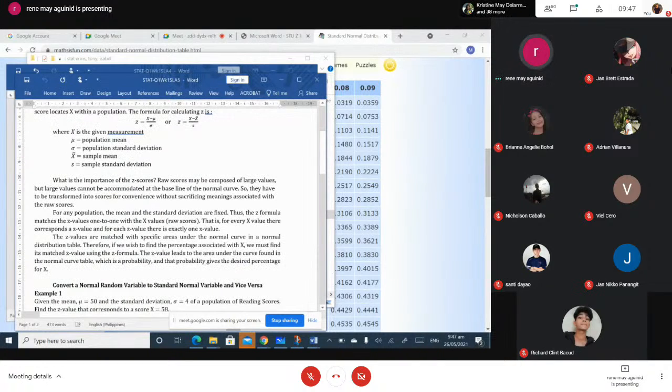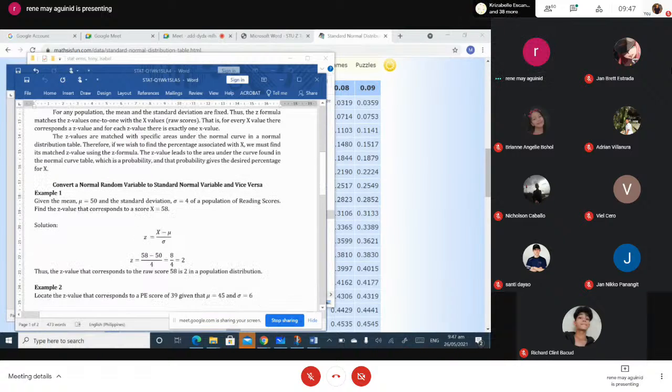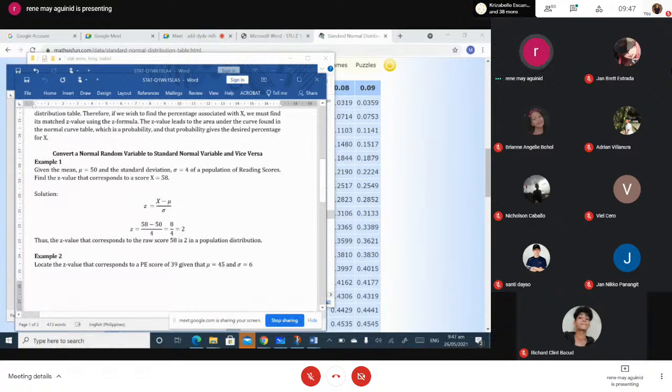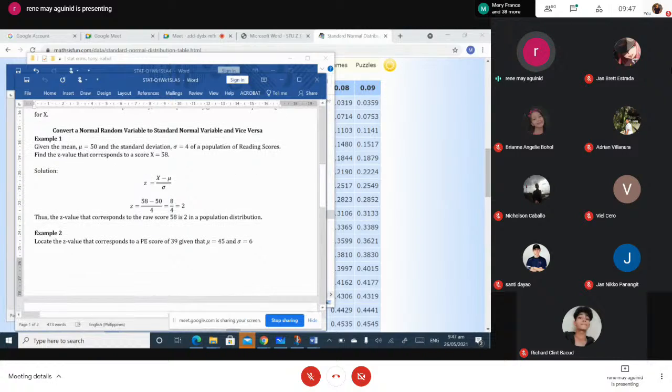Okay, so, direta. Given the mean, our mu is 50, and the standard deviation is 4. So find the z value that corresponds to the score x equal to 58. Replacing our x, 58 minus 50, that is our mu, and our standard deviation is 4, that will give you 2.